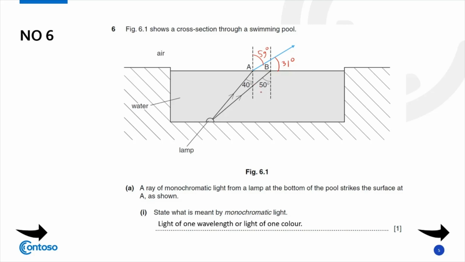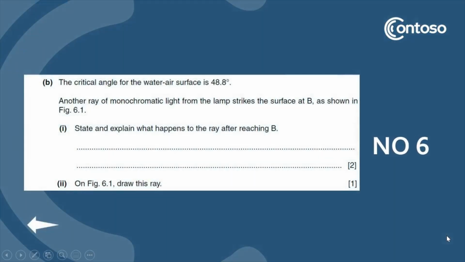Now let's compare the angle of incidence at B with the critical angle. The critical angle is 48.8 degrees. So now we know that the angle of incidence at B, which is 50 degrees, is larger than the critical angle, which is 48.8 degrees.